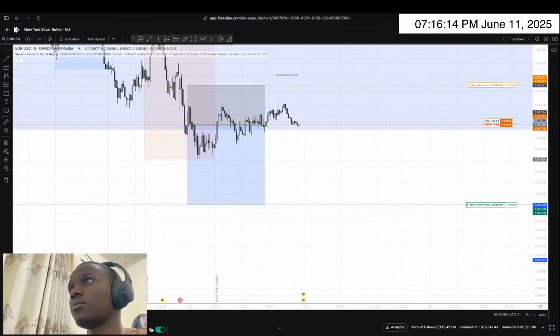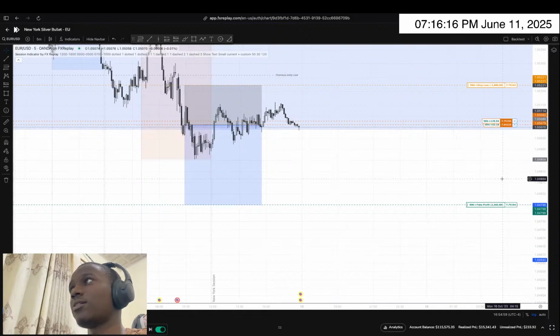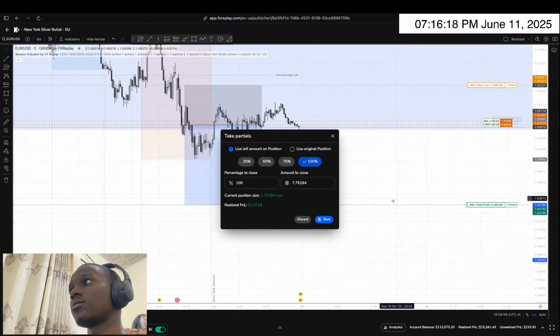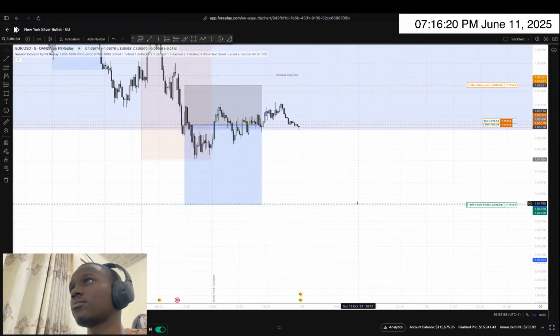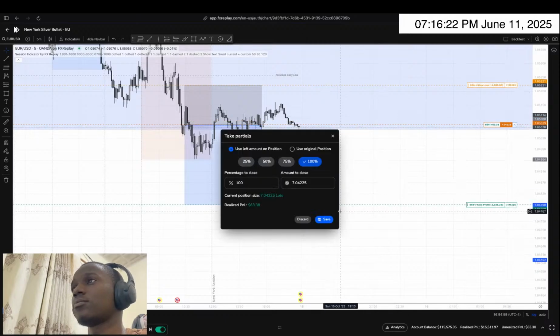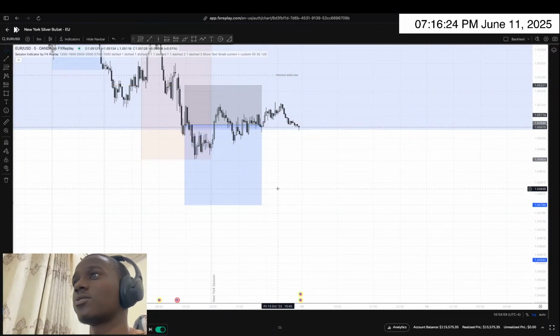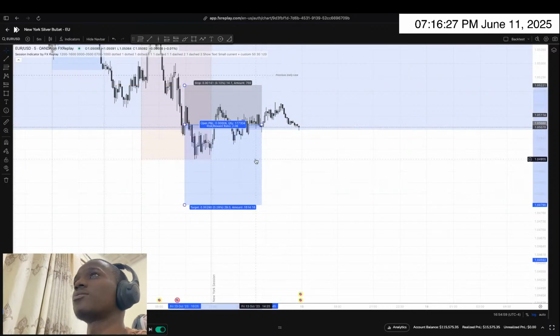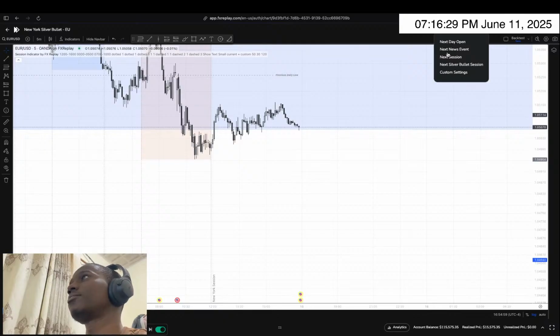So it's already time and you can see that we have nothing. So I think I'll close this because the session has already ended and price wasn't moving at all.